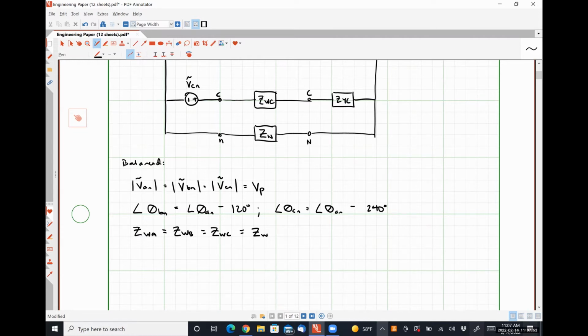So let's talk about what that would represent in a real system. Effectively, the A, B, and C phase transmission lines need to be made of the same type of wire and have the same length. If those two conditions are not met, it's likely an unbalanced system.